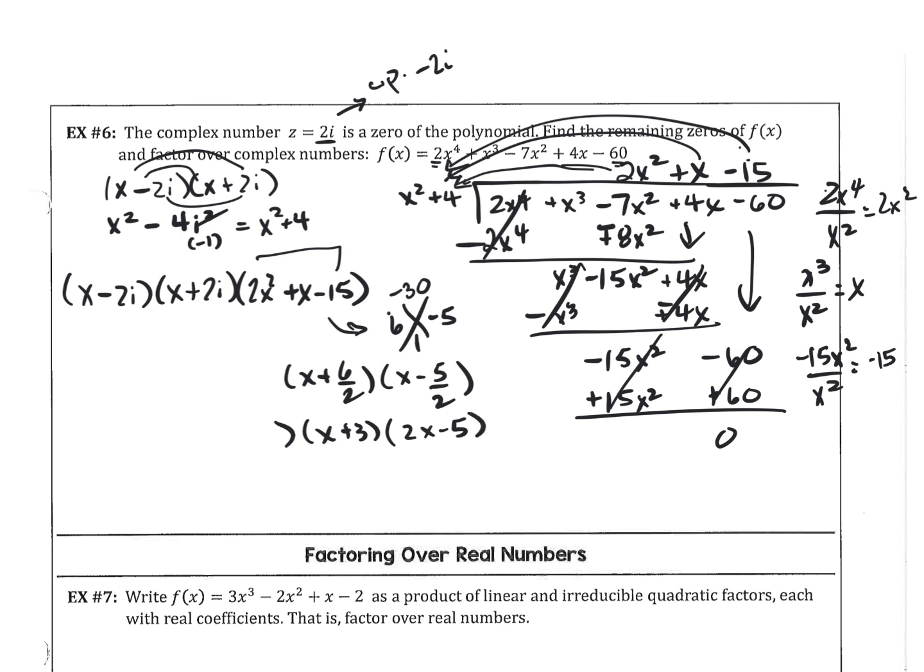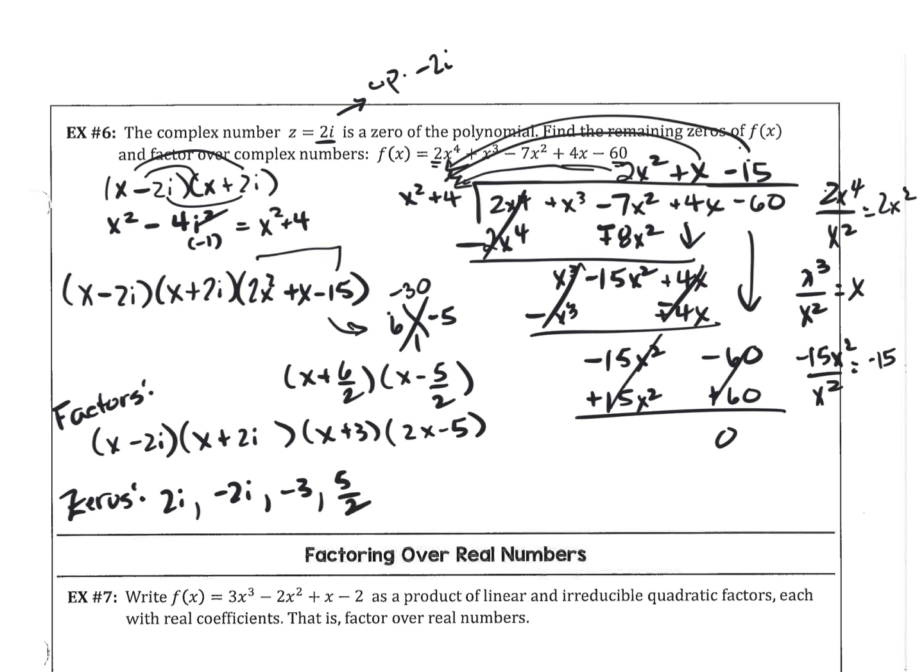So now we also have x plus 2i, x minus 2i. These are my factors. My zeros are 2i, negative 2i, negative 3, and positive 5 over 2. Bing!